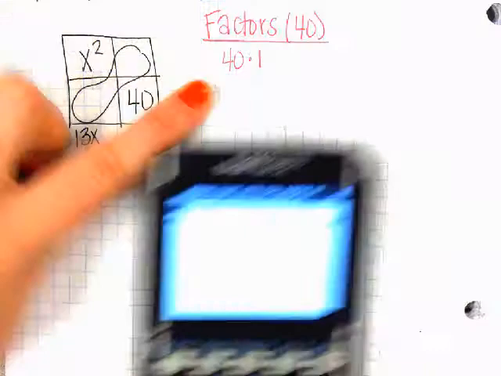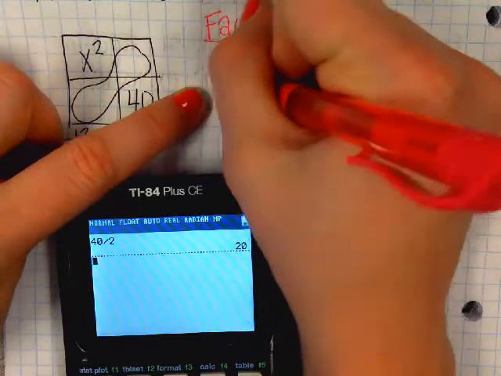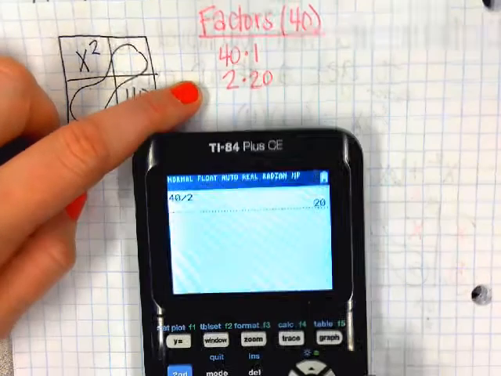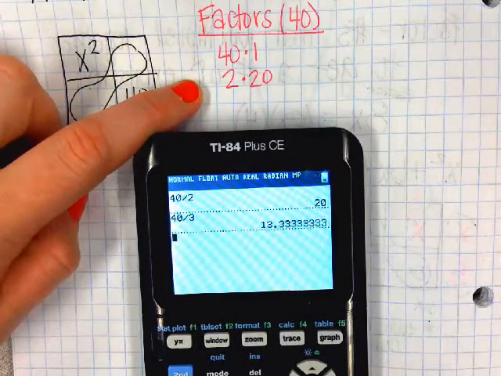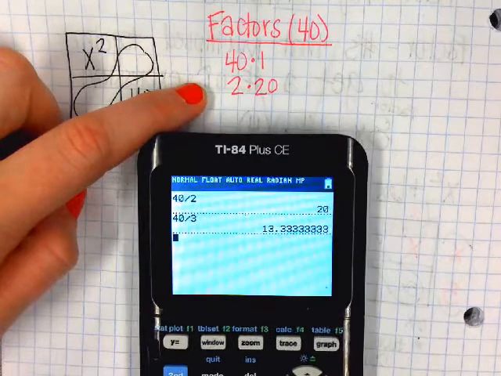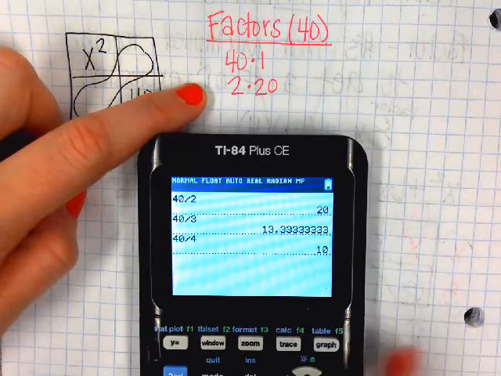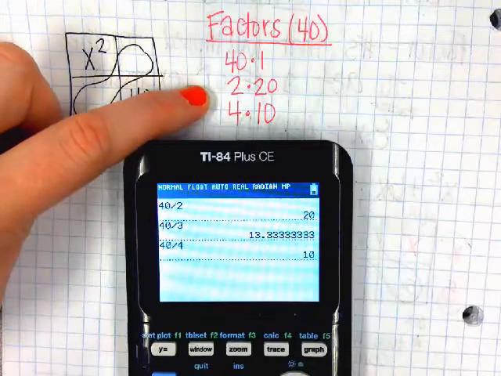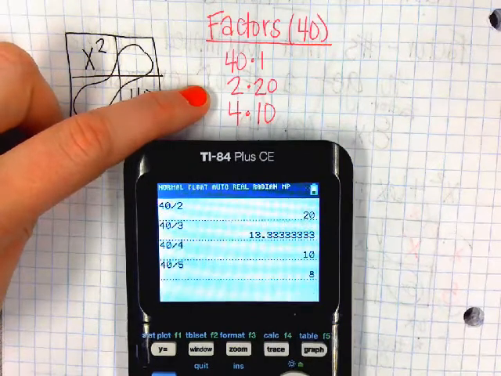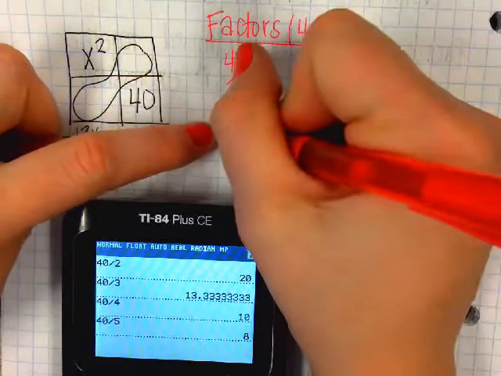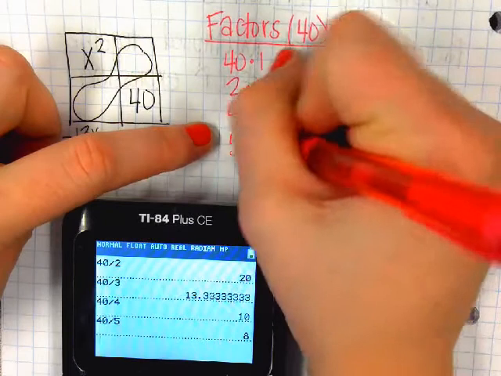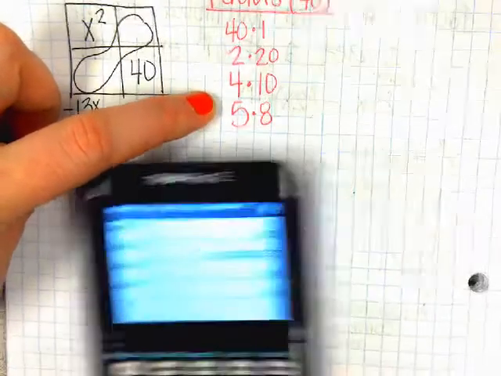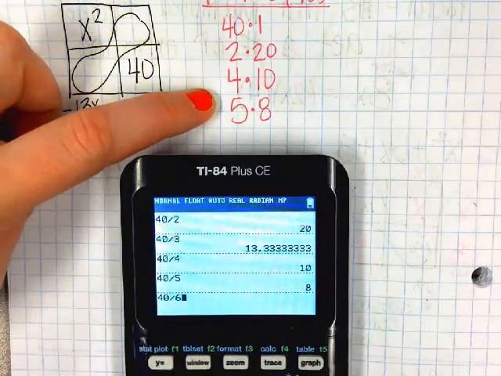Now, go in your calculator. 40 divided by 2 is 20, so it'd be 2 and 20. 40 divided by 3, that's not a factor. 40 divided by 4 is 10, so 4 times 10. 40 divided by 5 is 8, so it'd be 5 and 8.